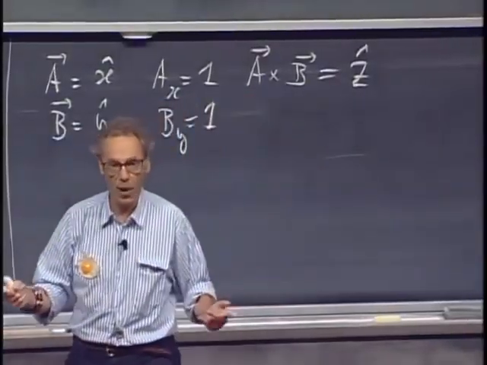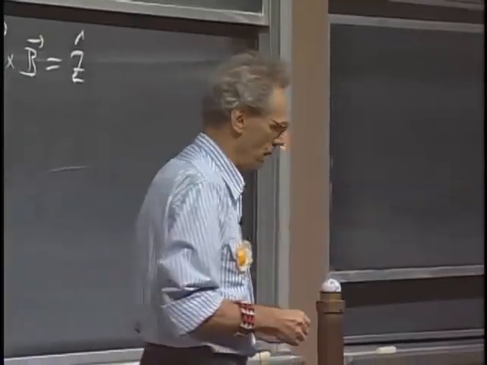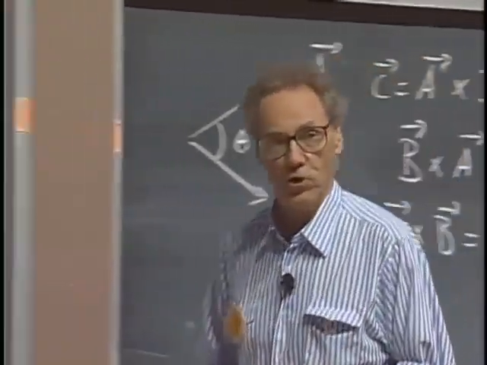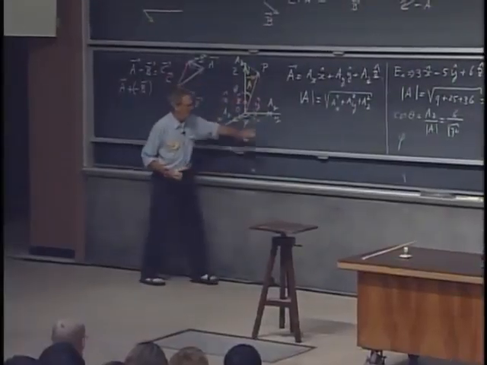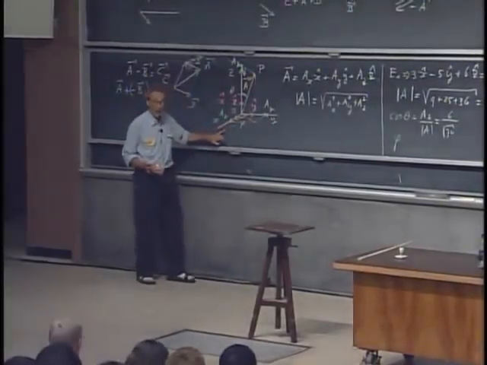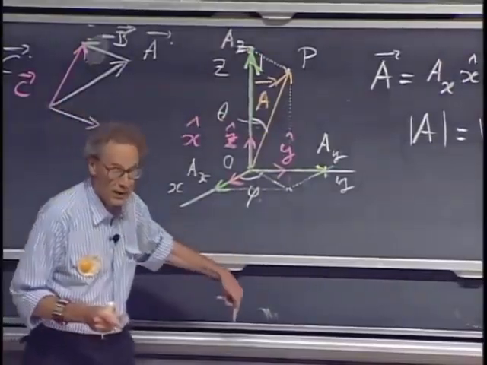The magnitude must be 1, that's immediately clear, but I immediately have the direction by using the corkscrew rule. Now, if you are very smart, you may say, aha, you find plus z only because you have used this coordinate system. If this axis had been x and this one had been y, then the cross product of x and y would be in the minus z direction.